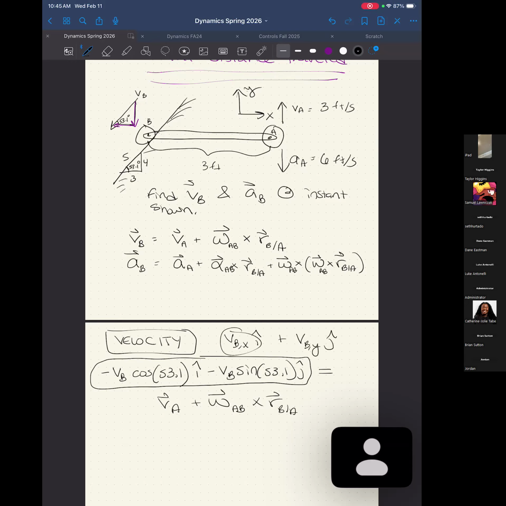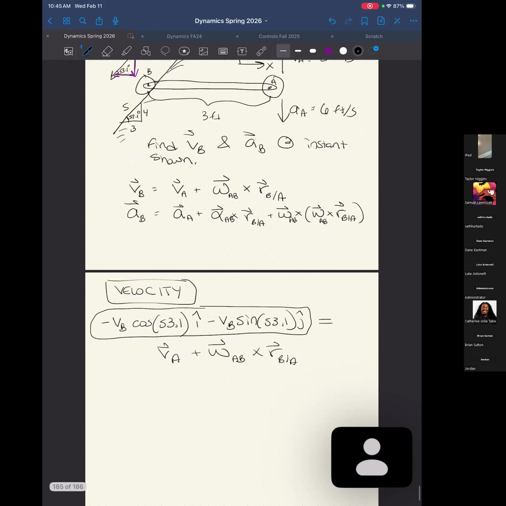I would end up with too many unknowns and not enough equations or relationships. So you have to leverage every piece of the information that you know. And that's how we incorporate the fact that I know which direction B is rolling.